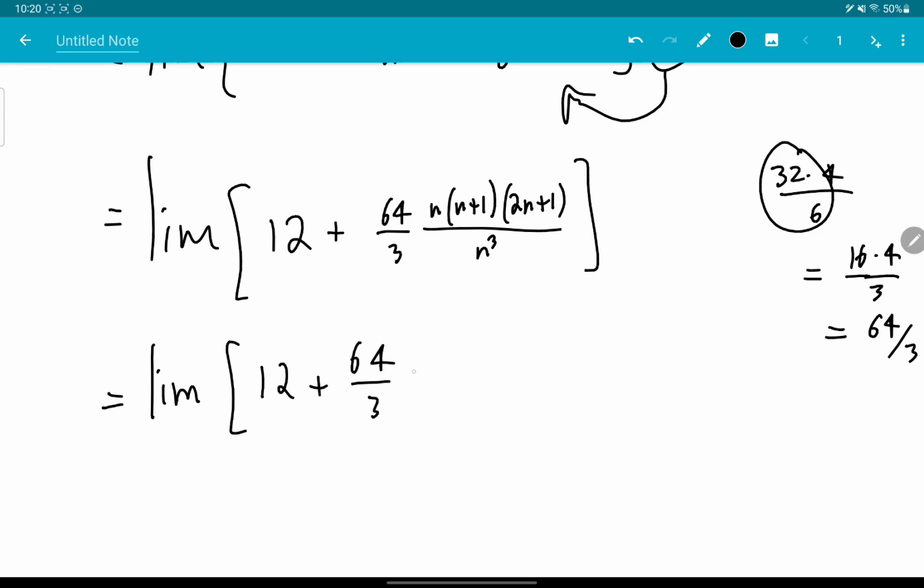Just remember your arithmetic rules, the way multiplication and division work together. I can take this n cubed and break it into n times n times n. And I'm just going to take one of those n's for each of the factors on top. Makes my limit much easier to calculate.